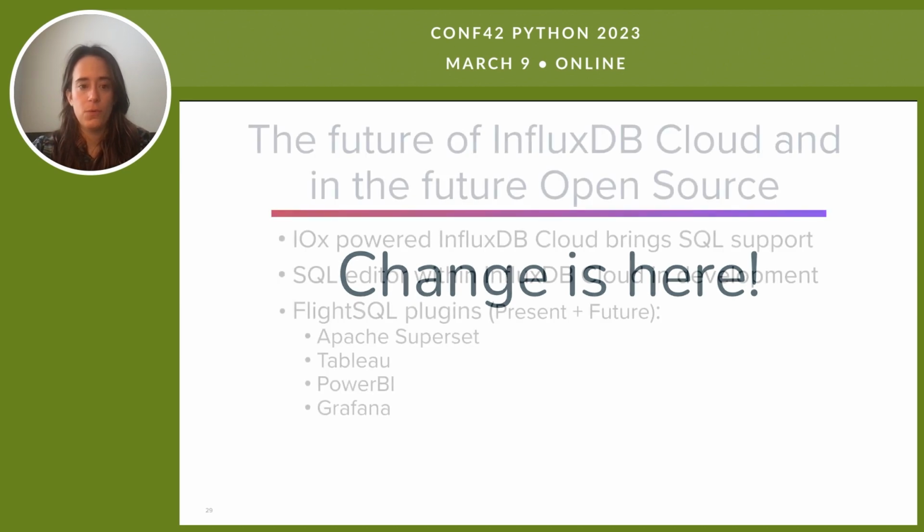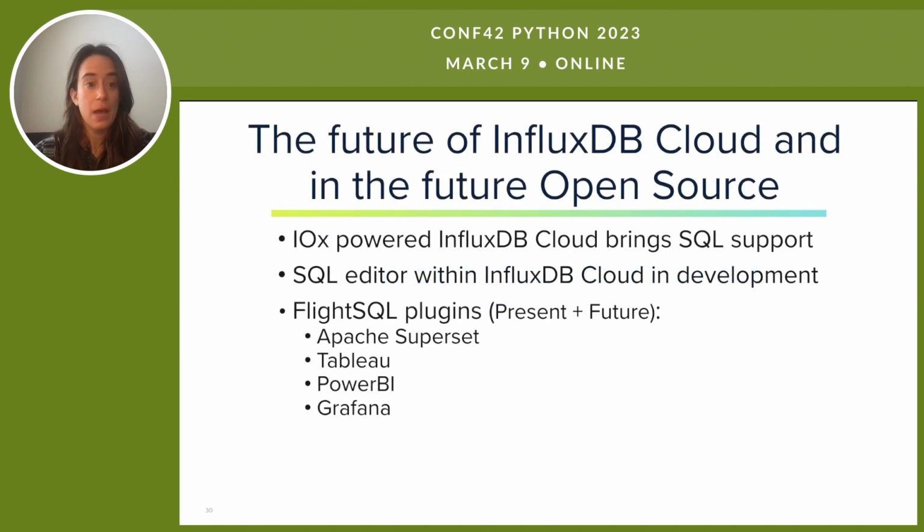So let's talk a little bit more about the change that is happening from Flux to SQL, the future of InfluxDB Cloud and the future of open source. We recently launched InfluxDB Cloud powered by our IOx storage engine, and it will allow storage in Parquet file format with unlimited cardinality.